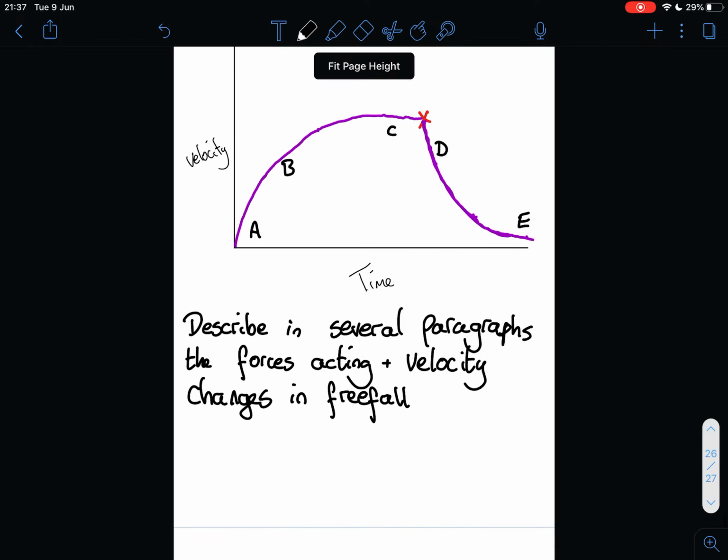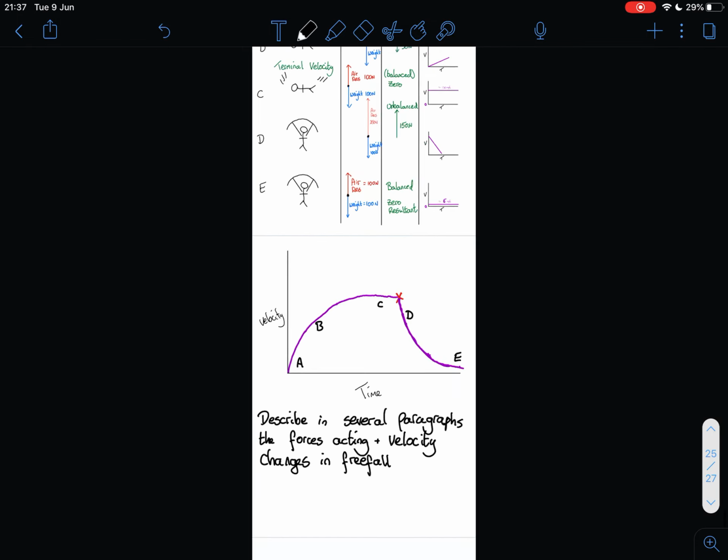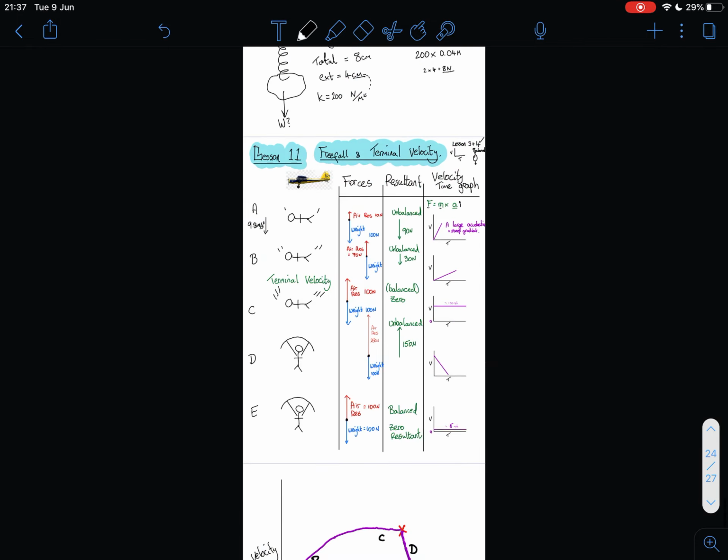Used to be in the old one, and then it's been up once in the new type of exams. So all you do is you read it off.